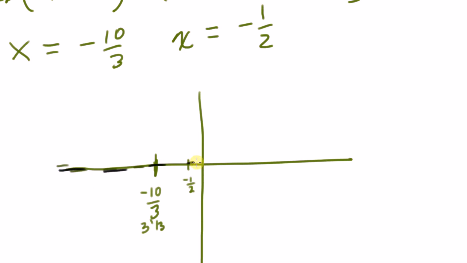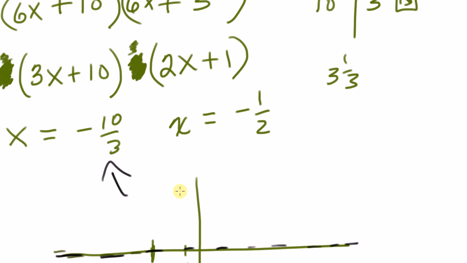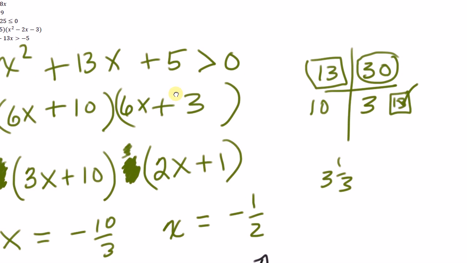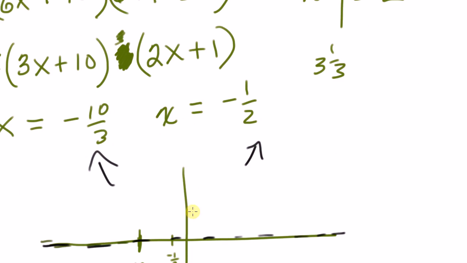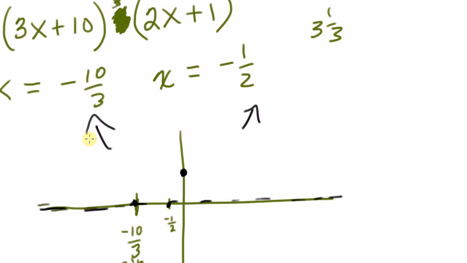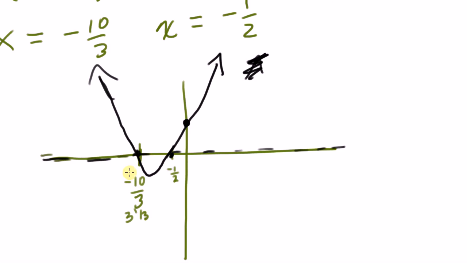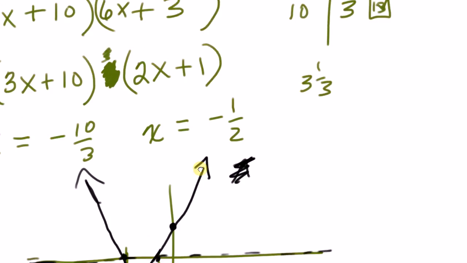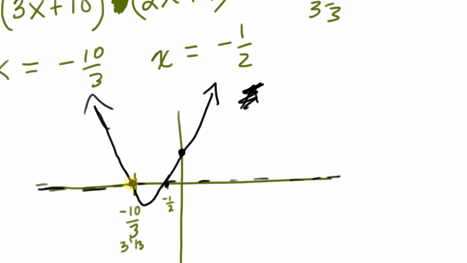It's black. So we want everything from here up. I know it's a parabolic function. Just got to go up here, up here. It has a y-intercept of 5, so we put 1 at 5. 0 here, 0 here. I don't know what the vertex is, and I don't care, because it goes down to 0, or down below here. And all I want to know is where is it above and where is it below. Okay, so greater than 0 is going to be all of these values.